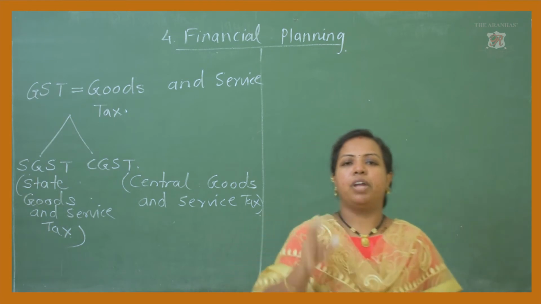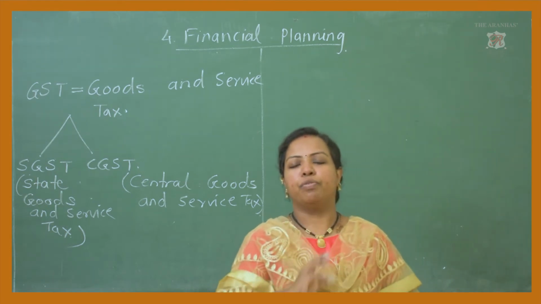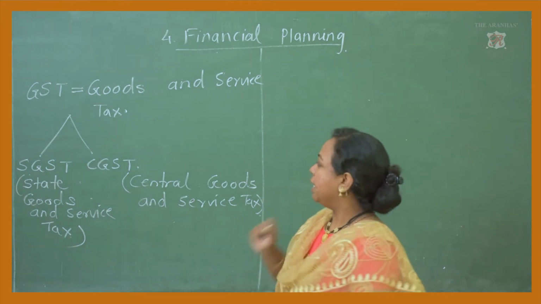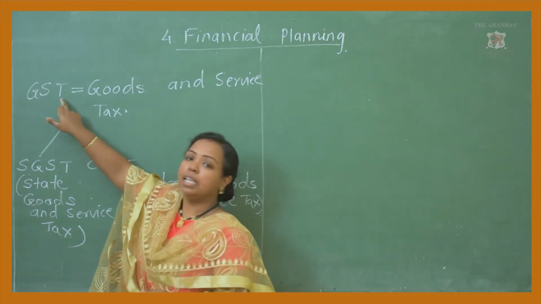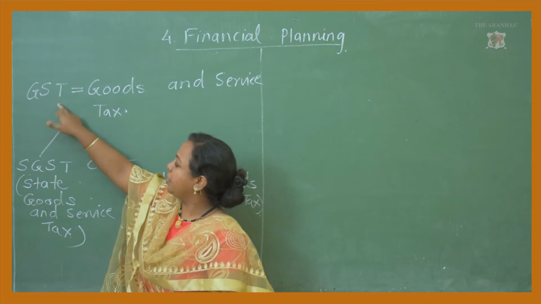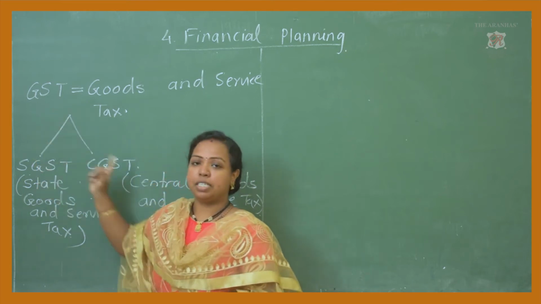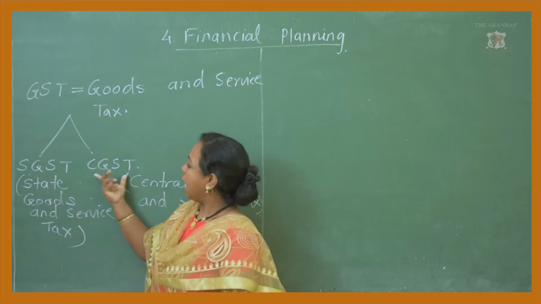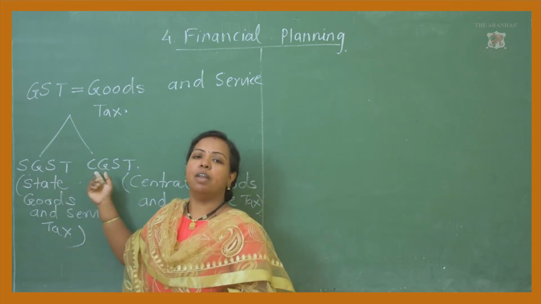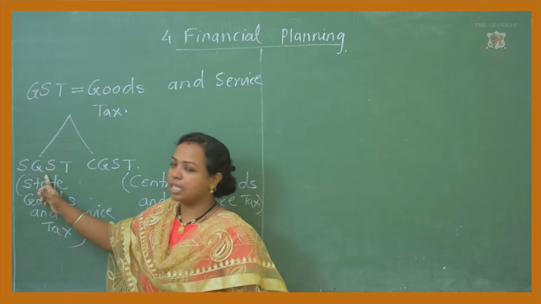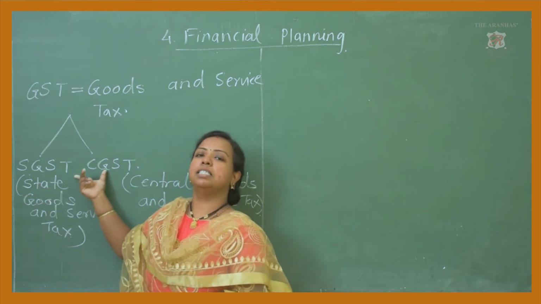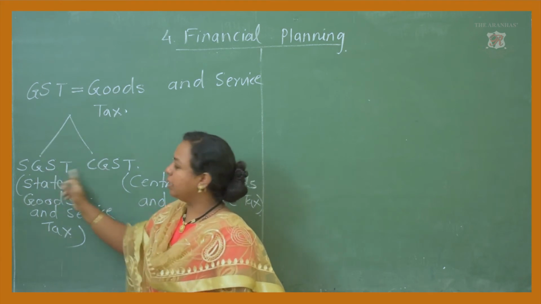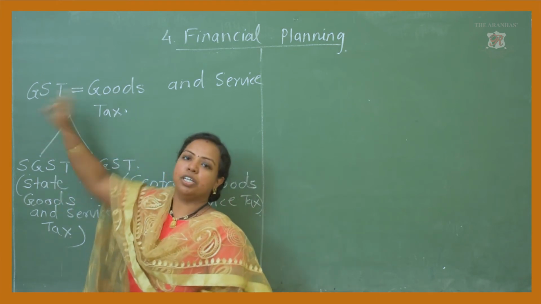Whenever we are going to buy some goods from any shop, we have that GST rate. That GST rate is divided into SGST and CGST. That time this SGST amount and CGST amount are always equal. Or you can say this SGST rate and CGST rate, these two rates are always equal. And adding these two, we get the GST value.